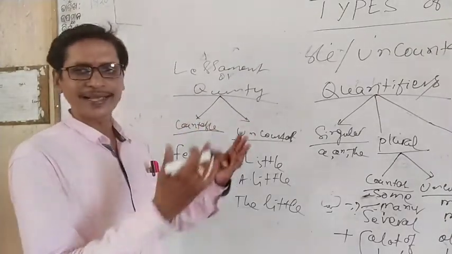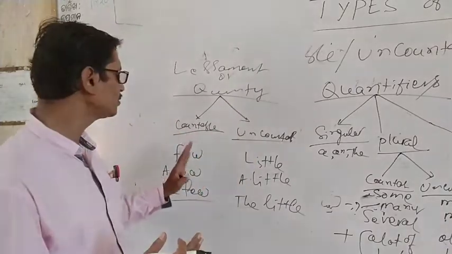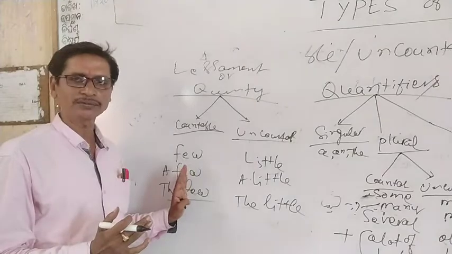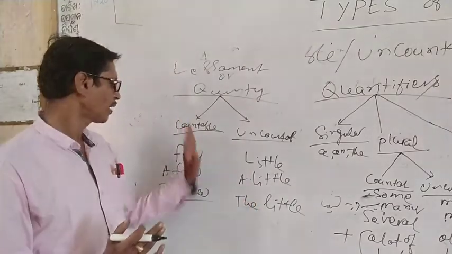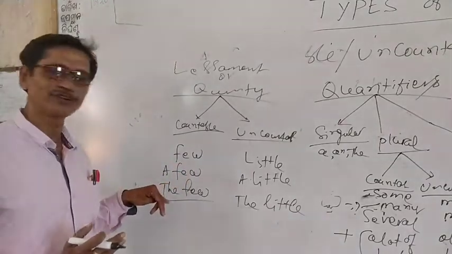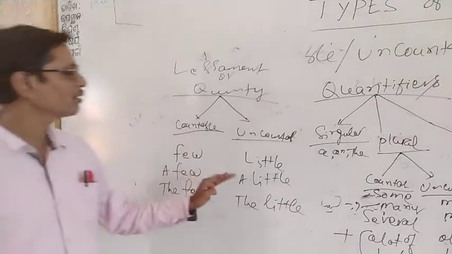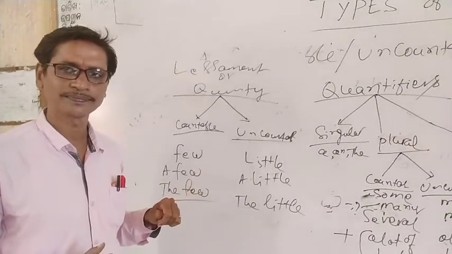To say less amount and quantity, we use several words for countable nouns and several other words for uncountable nouns. For countable nouns, we use few, a few, the few. For uncountable nouns, we use little, a little, the little.